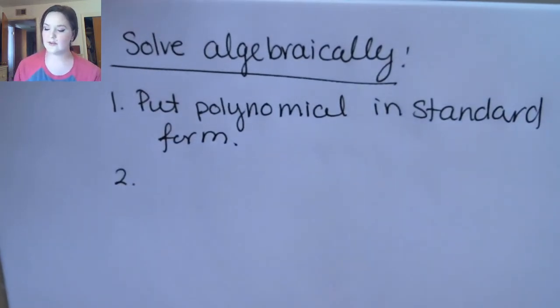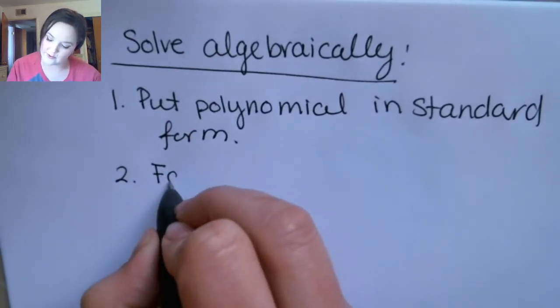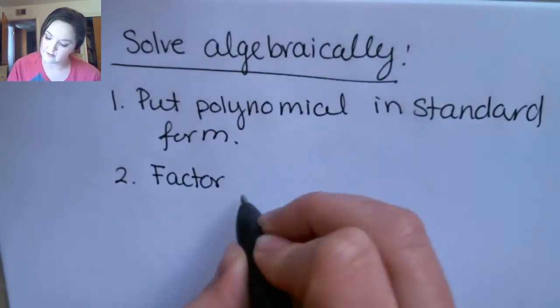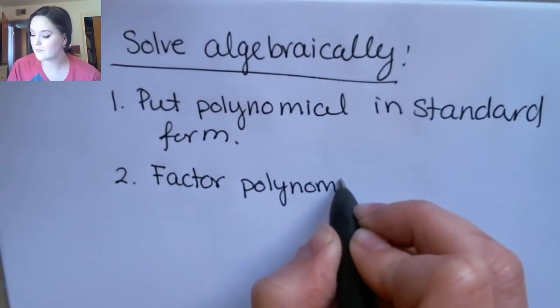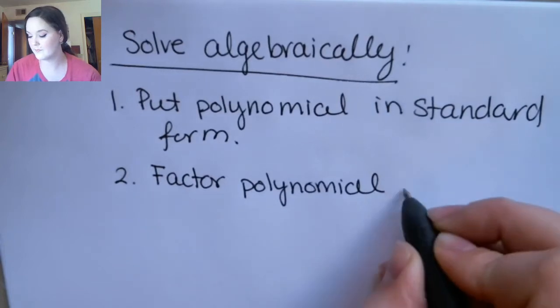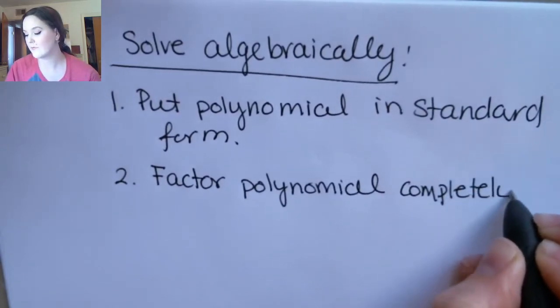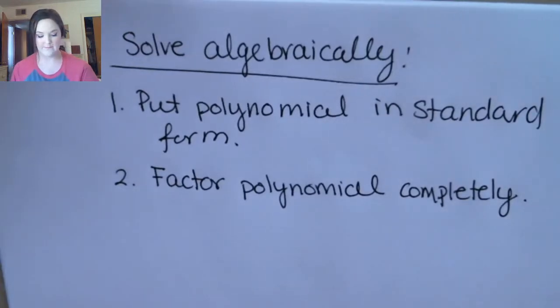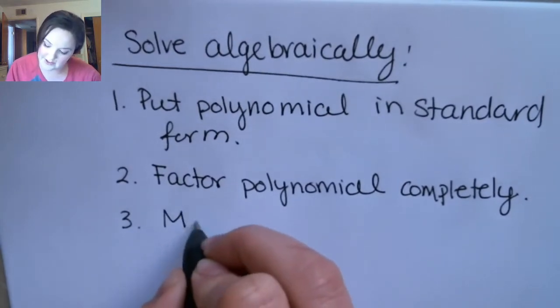The second thing you want to do is factor the polynomial completely. Then you're going to make a sign chart. We'll talk about what that means.